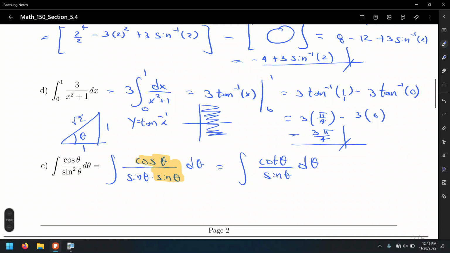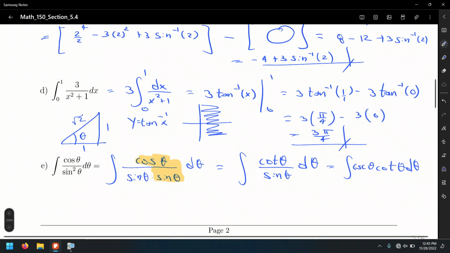So what's the result of finding the reciprocal of sine? The reciprocal of sine? Cosecant.